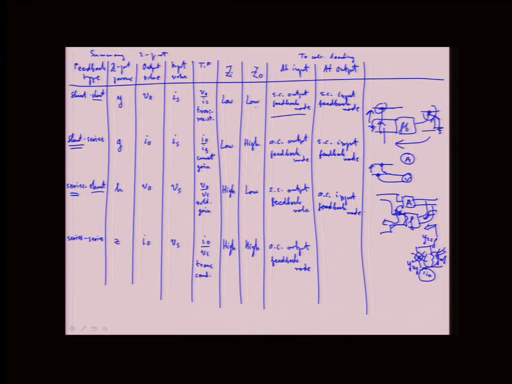And then for series, again, input is series, so I just open circuit. Okay. I'll erase this, although I don't like doing that, but I just want you to have everything in one spot.